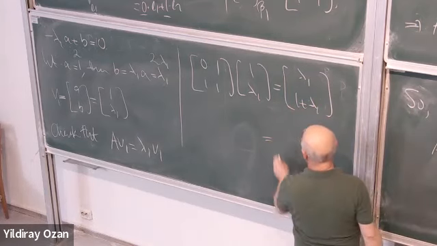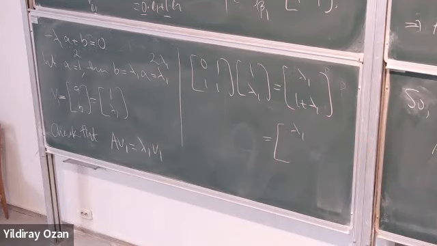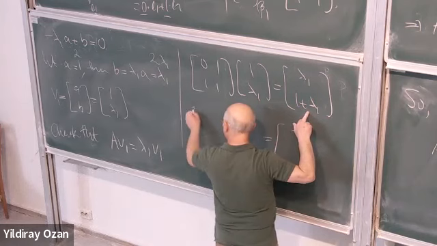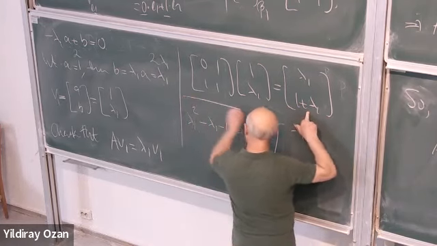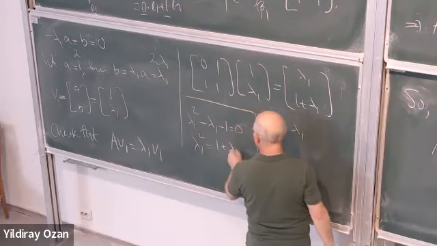Now, what is 1 plus lambda 1? 1 plus lambda 1 is just lambda 1 squared, right? Lambda 1 squared minus lambda 1 minus 1 is equal to 0. Therefore, lambda 1 squared is just 1 plus lambda 1.